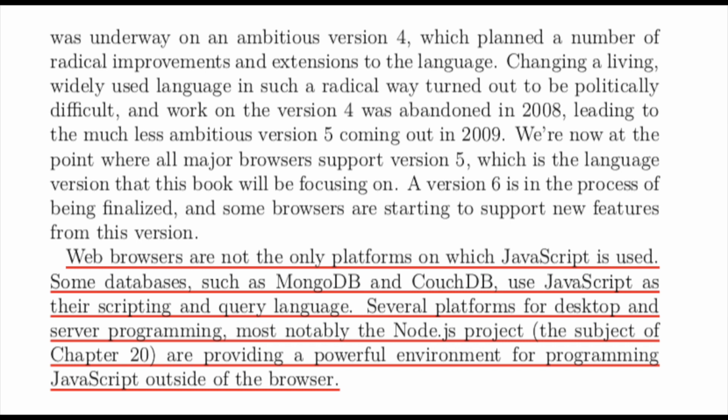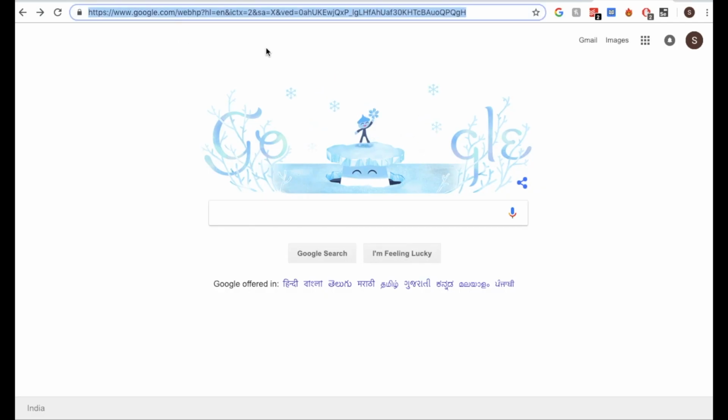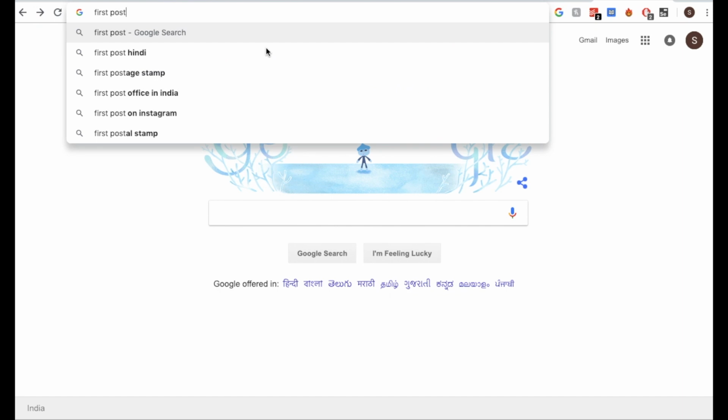Let's begin with browsers. JavaScript is a programming language which works in the browser and now outside the browser as well. In this section, we will be splitting open a browser to understand what happens behind the scenes. A browser has two parts. One, the user interface, which helps the user to record an input and navigate.